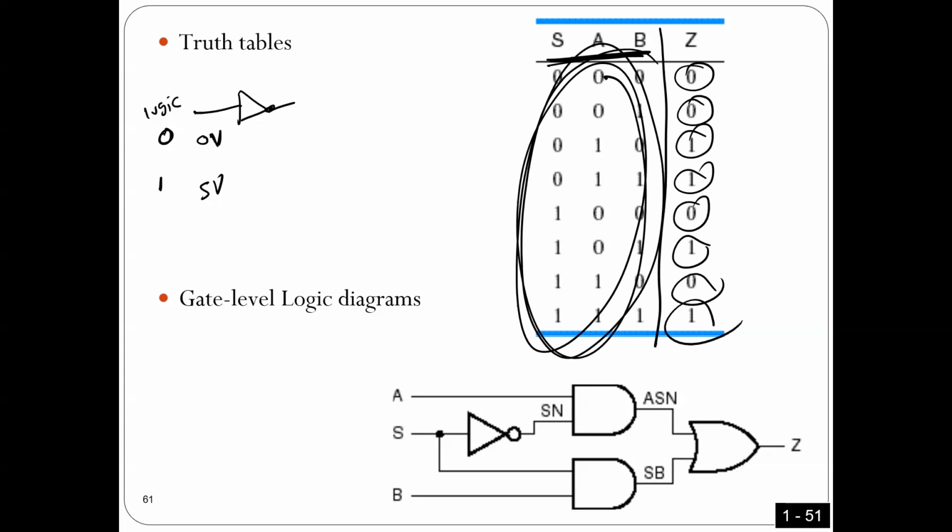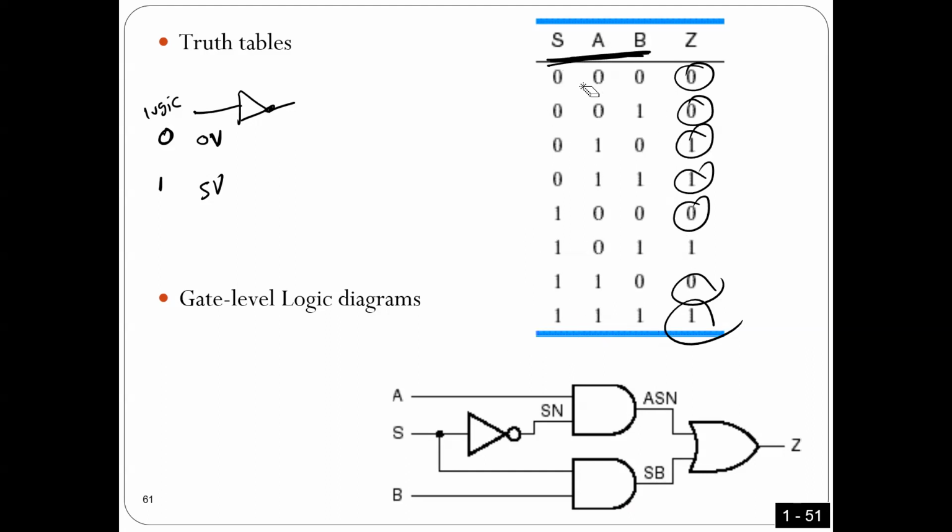Why is it easy? Because, compared to normal algebra, I have a limited number of values. Every variable can be 0 or 1. You get what I'm saying? So I can make all the different combinations here. It's easy to do. But in normal algebra, you have an infinite number of cases, right? Because every variable is continuous. But here it's easy because every variable can be only 0 or 1. So this is what we call a truth table.